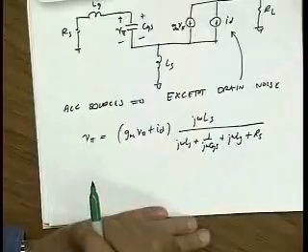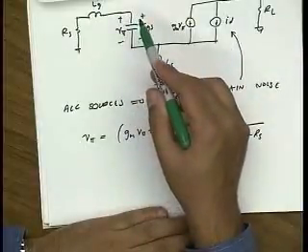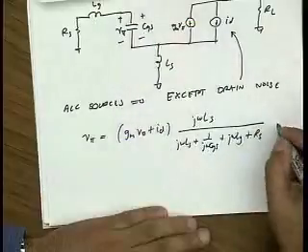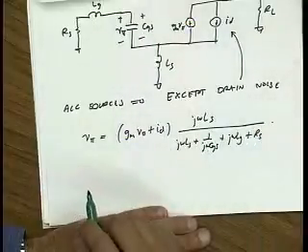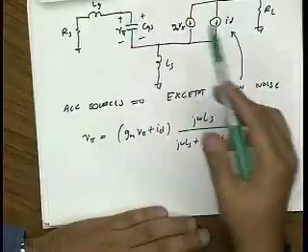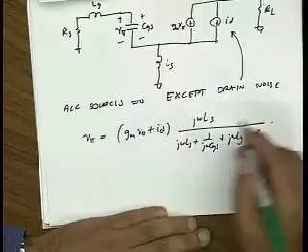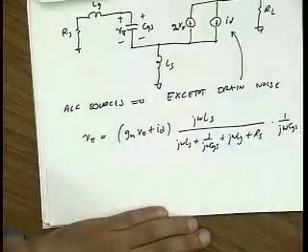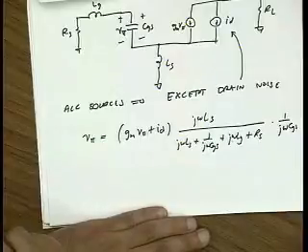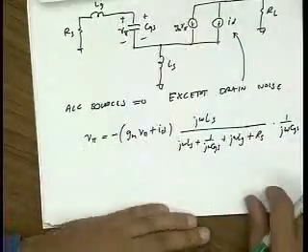Okay? And this is basically the current that goes in, times 1 over j omega Cgs, which produces a voltage V pi. And there's a minus sign here, because this is inverted.